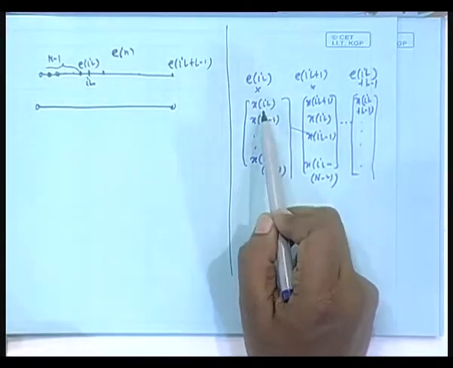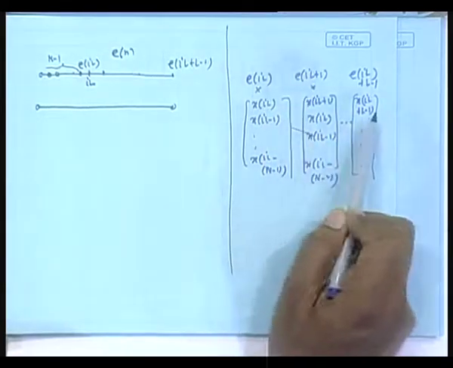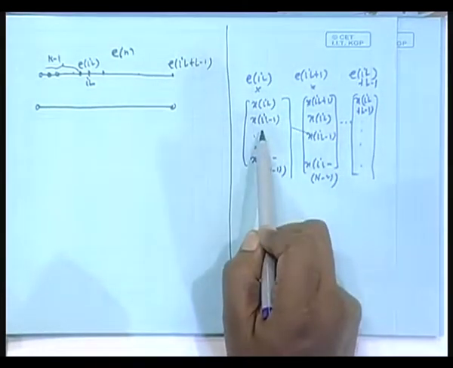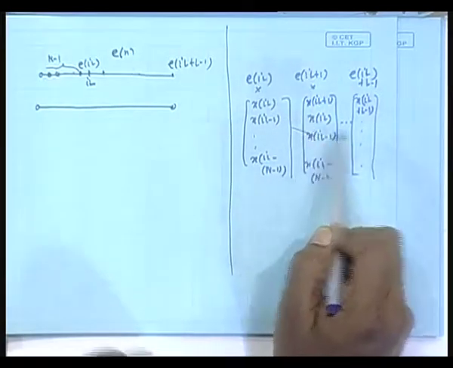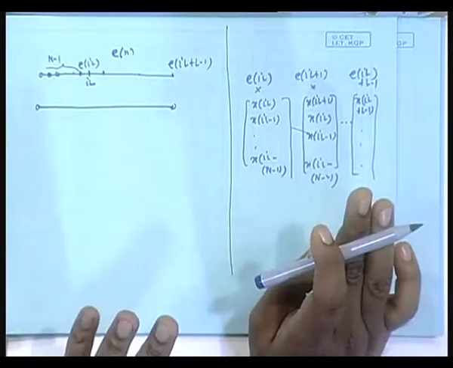How will that come? E_iL into X_iL, E_iL+1 into X_iL+1 dot dot dot added. Next will be E_iL into X_iL-1, E_iL+1 into X_iL dot dot dot added.